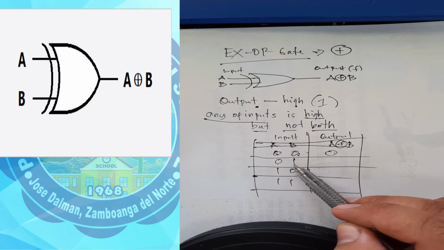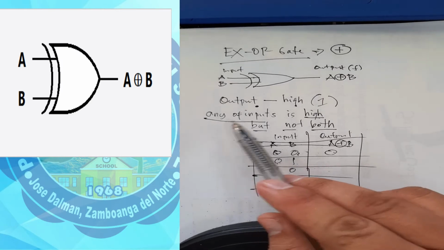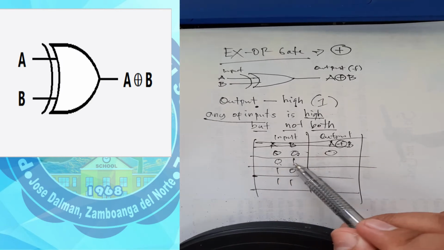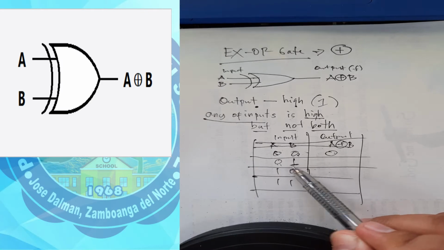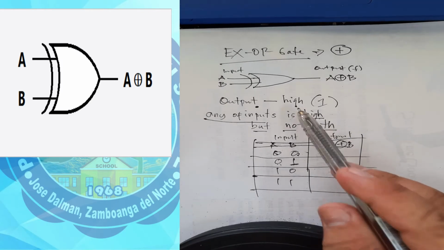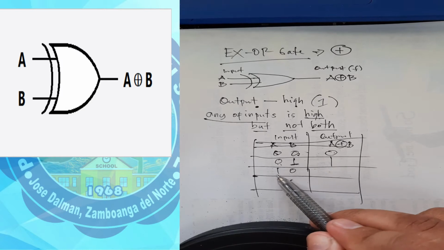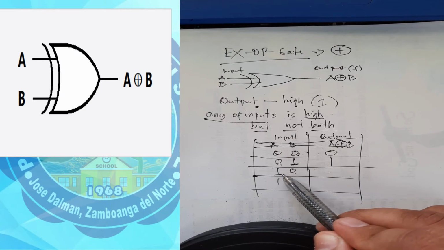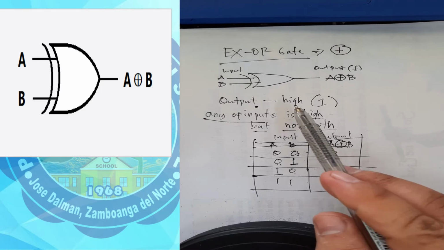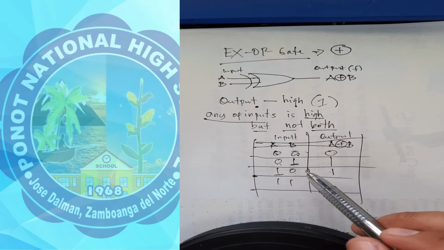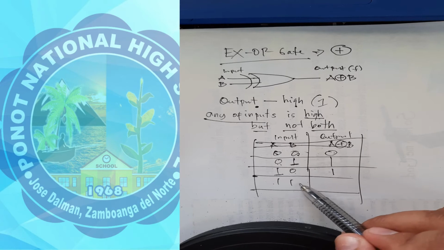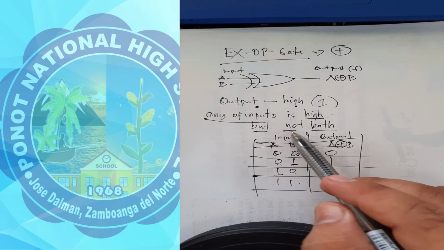0, 1. Inputs 0, 1. Any of the inputs is high. So there is 1 high, so magbibigay siya ng logic 1. Dito, 1, 0. May isang input na high, logic 1, according to this. Then, pag 1, 1, sabi dito, not both.